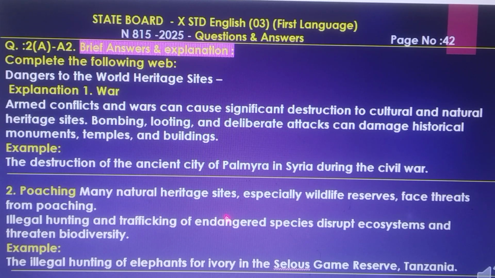Many natural heritage sites, especially wildlife reserves, face threats from poaching. Illegal hunting and trafficking of endangered species disrupt ecosystems and threaten biodiversity. Example: illegal hunting of elephants for ivory in the Selous Game Reserve, Tanzania.